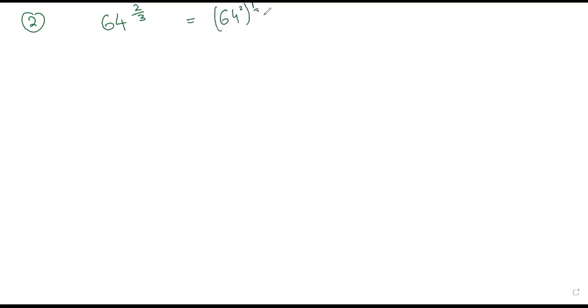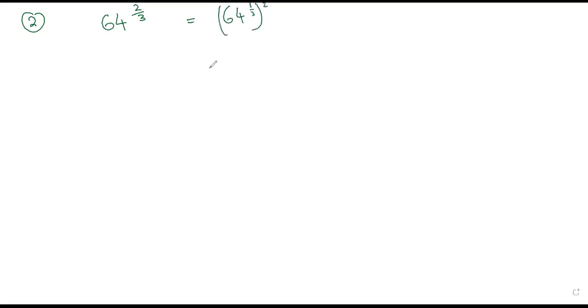Yes, that would have been 100% correct. But don't you think 64 into 64 would be very difficult, especially if you have to do it in P1, like without the calculator, right? So we can do the same thing, but other way around. 64 power 1 by 3 whole square.